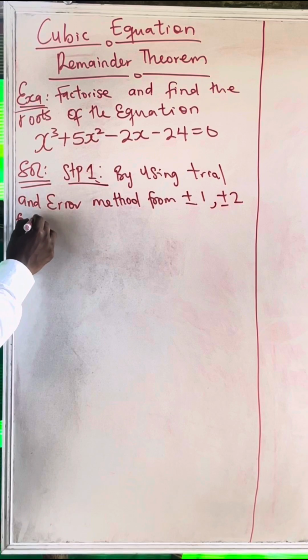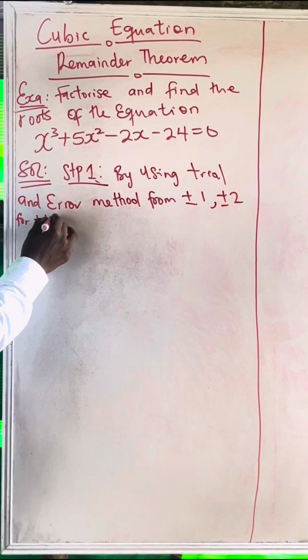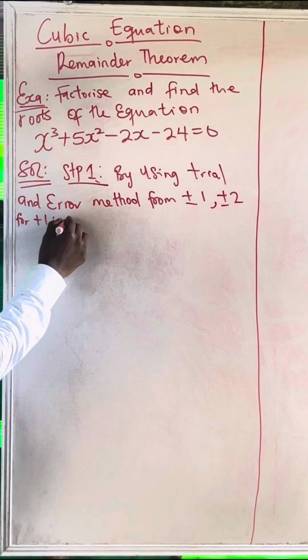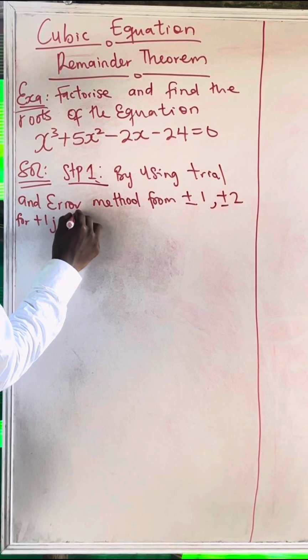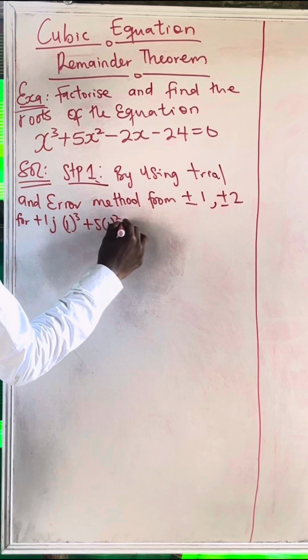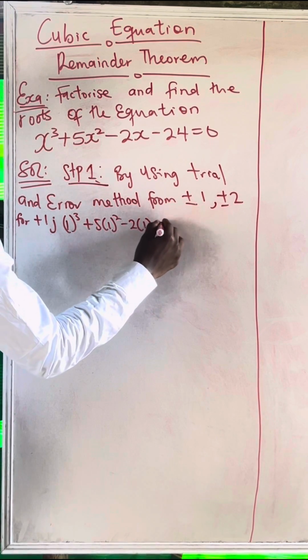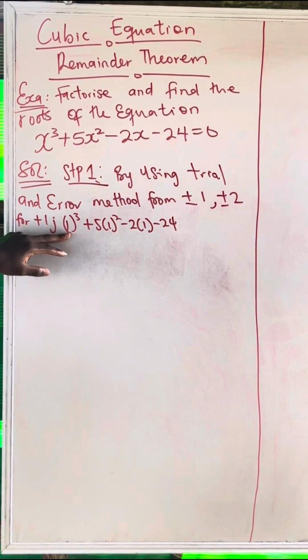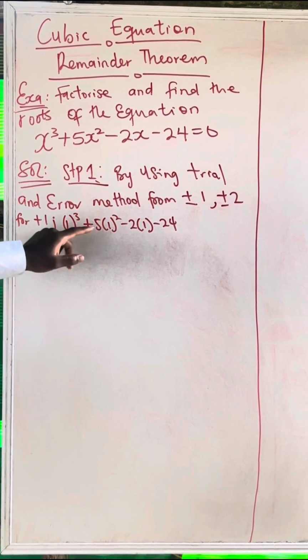For plus 1, I'm going to substitute here. I'm going to have 1 raised to power 3 plus 5 times 1 squared minus 2 times 1 minus 24. So guys, what is 1 raised to power 3? That is 1. What is 1 squared? That is 1. So what is 1 plus 5?